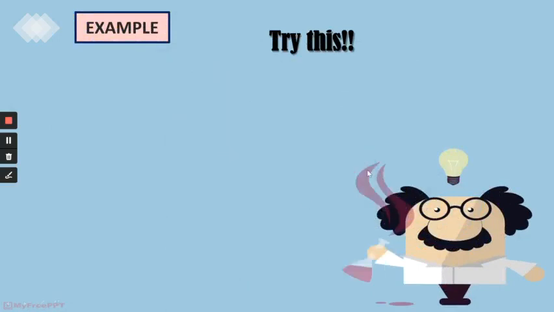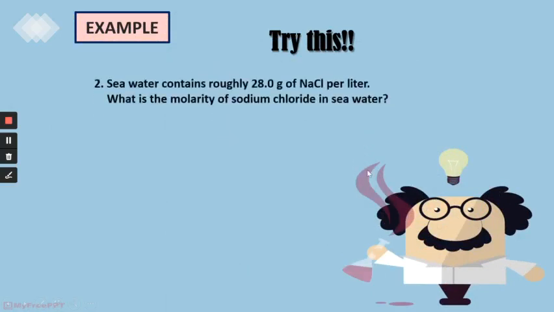Okay, another example. Seawater contains roughly 28.0 gram of NaCl per liter. What is the molarity of sodium chloride in seawater? According to the general equation, molarity must be the amount of solute in mole and the amount of solution as volume in unit liter.